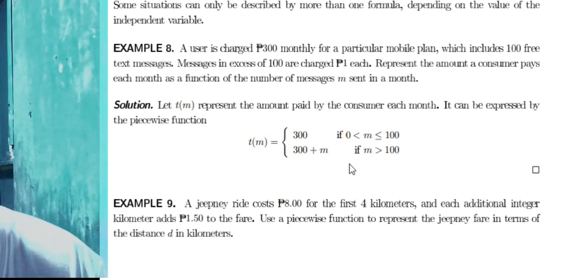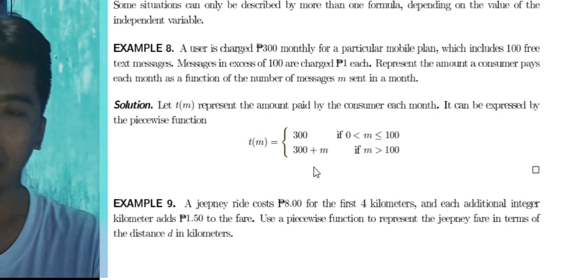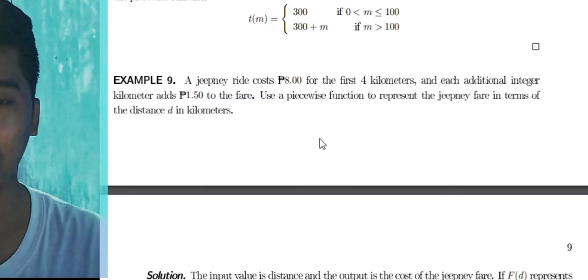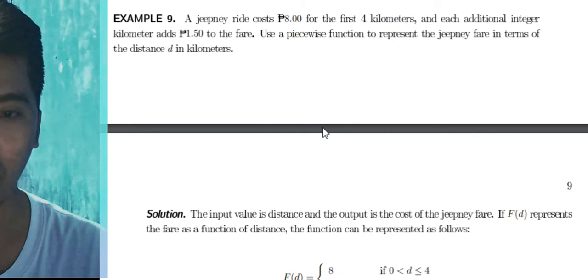If m is 105, then this would become 105 minus 100, so that would be 5 plus 300. Now next, we have example number 9 for piecewise functions.